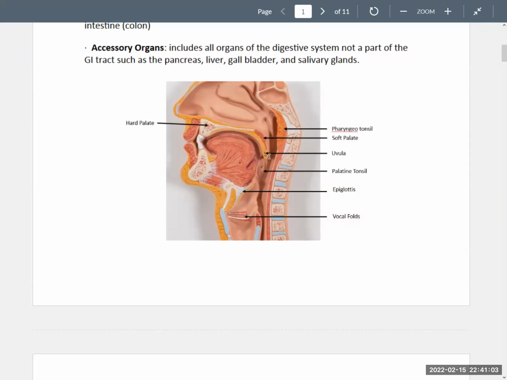Okay, the uvula, the part that hangs down the soft palate, has a couple of functions. One is contrived, that is to make certain sounds in speech, especially German speech, and the uvula vibrates.